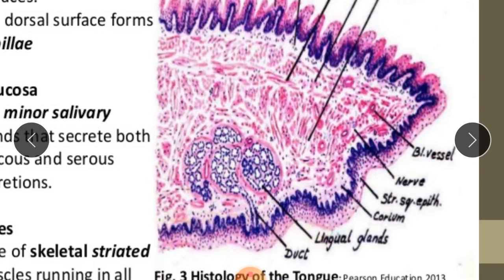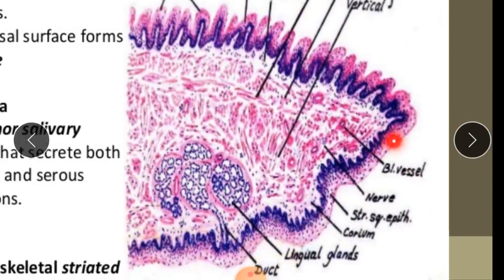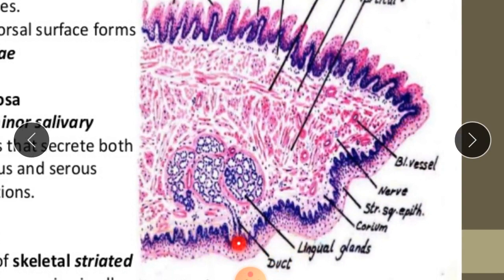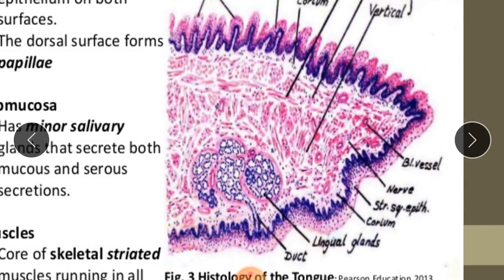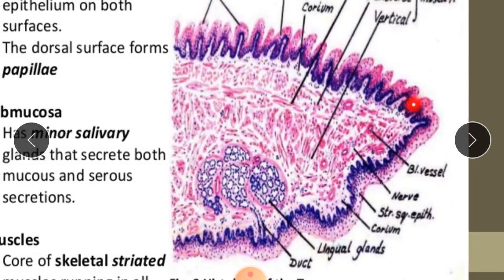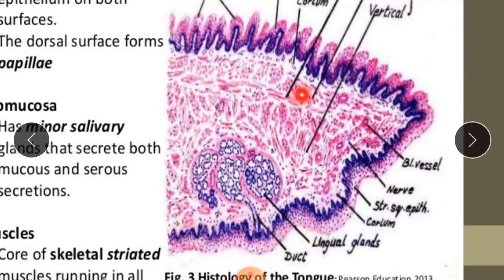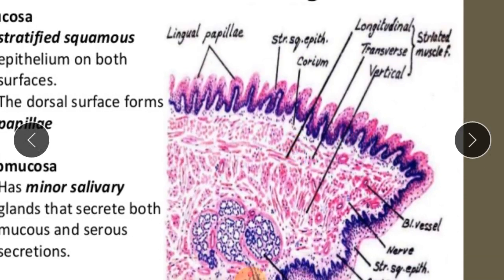This is the ventral part of the tongue. So this is the cross section of the tongue. These are papillae, different types of papillae. These are called lingual papillae. There are four different types of lingual papillae. We'll discuss them now.